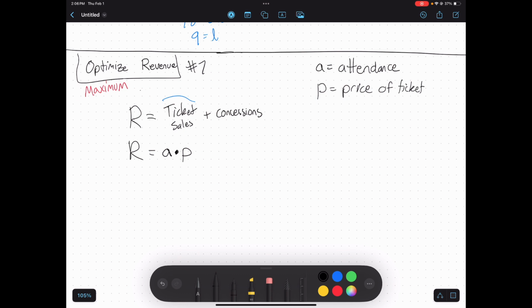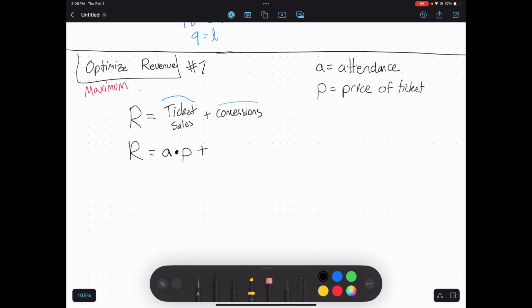But our revenue has this extra section of concessions. How do I calculate concessions? Well, if you read the problem closely, it says every person at the game spends an average of a certain amount of money on concessions. Notice, we're not worried about profit. We don't have to try and compensate for how much we're spending for these concessions.